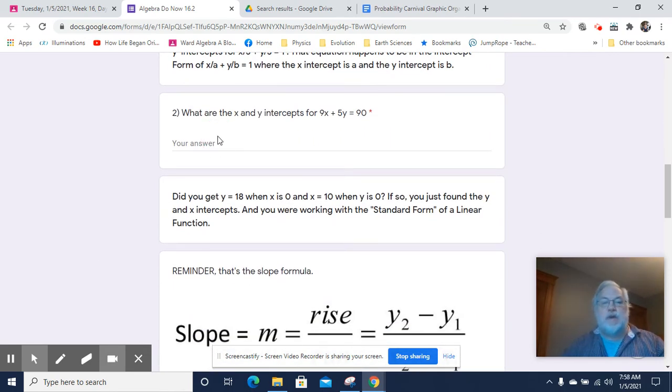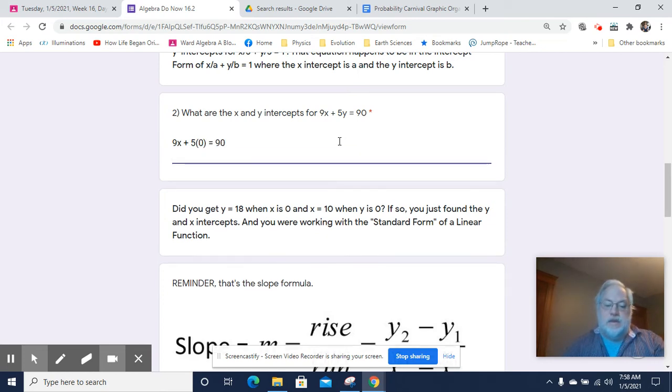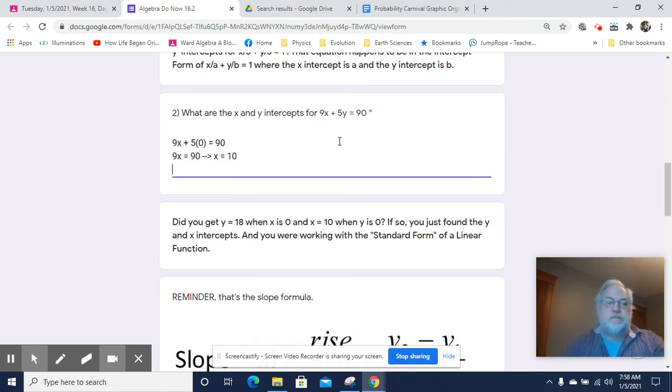Now, what are the x and y-intercepts of 9x plus 5y equals 90? Well, if you want to find the x-intercept, make y equal to 0. So 9x plus 5 times 0 equals 90, and that becomes 9x equals 90. So x equals 10. And then if you want to find the y-intercept, you make x equal to 0.